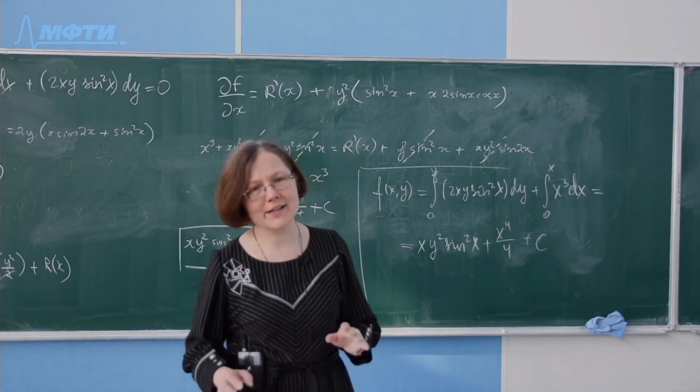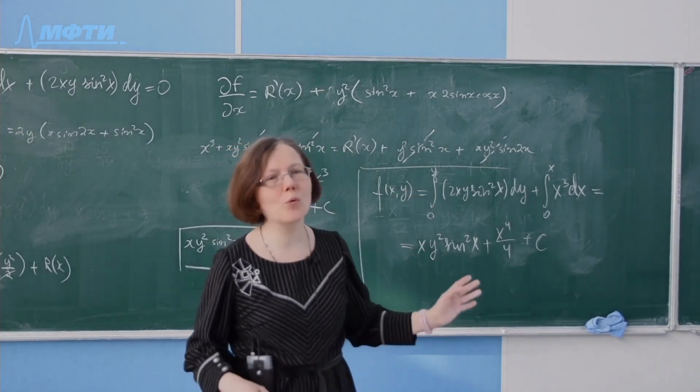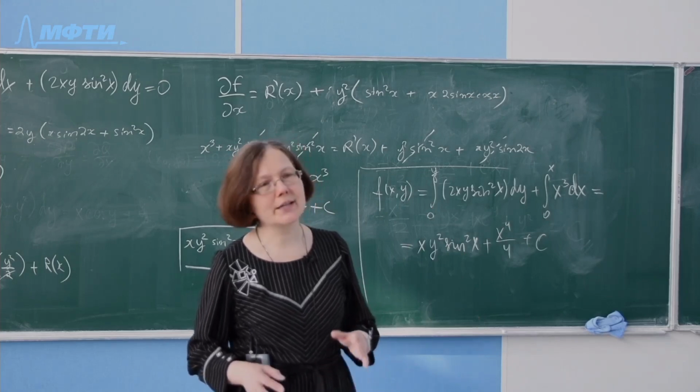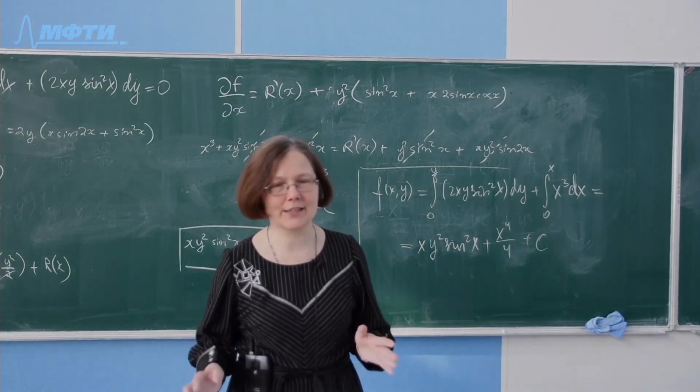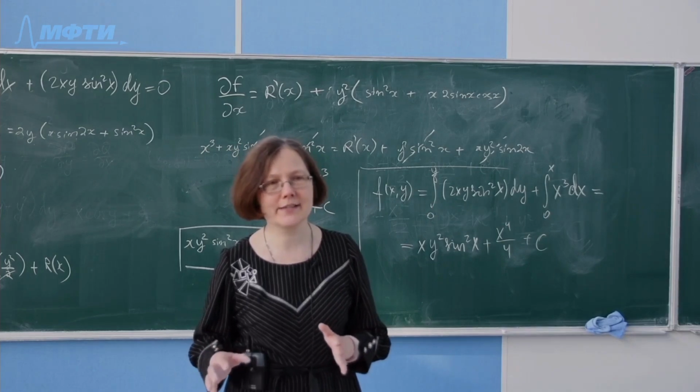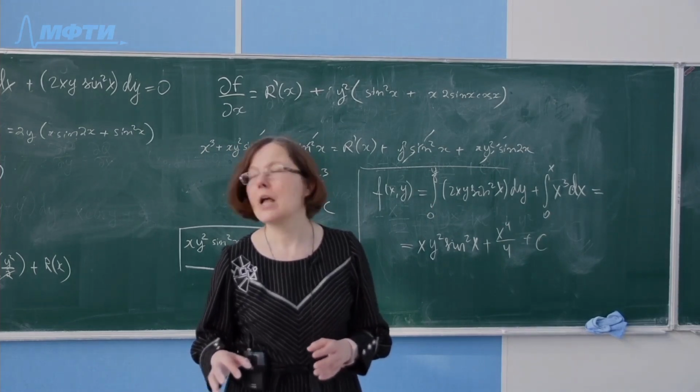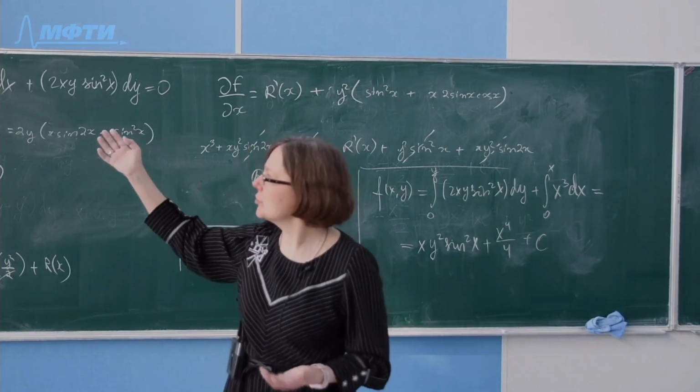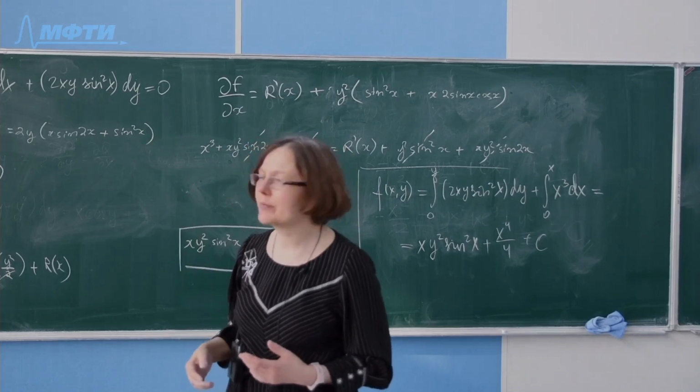Okay, shall we exercise with this method more, or maybe we may consider the integrating factor? So the second case is, what shall we do when this equation is not exact?